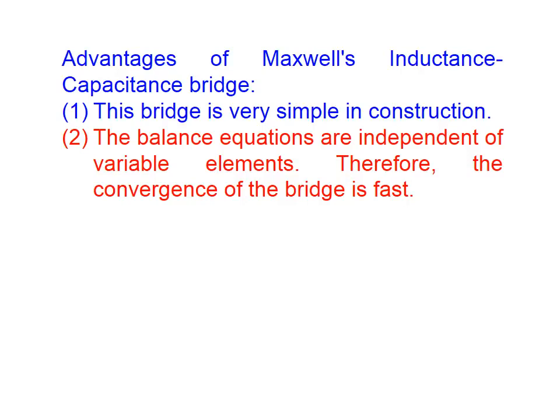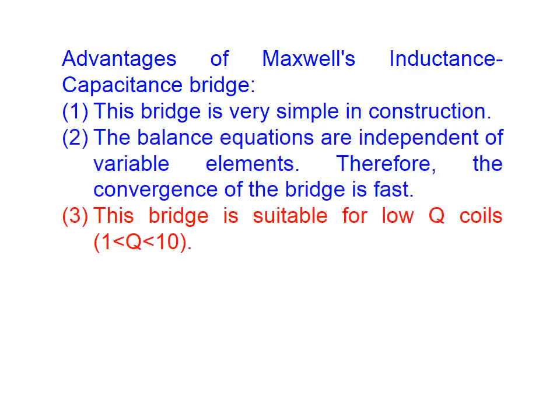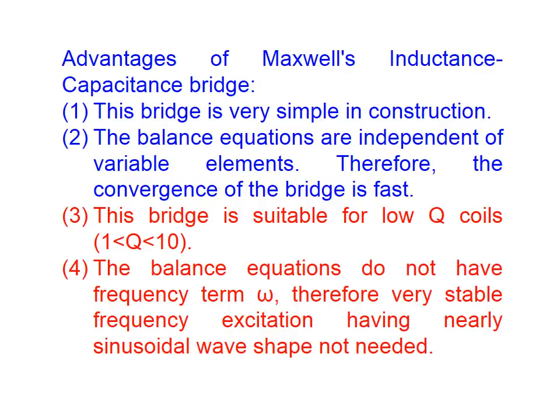Therefore, the convergence of this bridge is very fast provided we select R4 and C4 as variable elements. This bridge is quite suitable for low Q coils. The balance equations do not have the frequency term omega. Therefore, very stable frequency excitation having a nearly sinusoidal wave shape is not required.